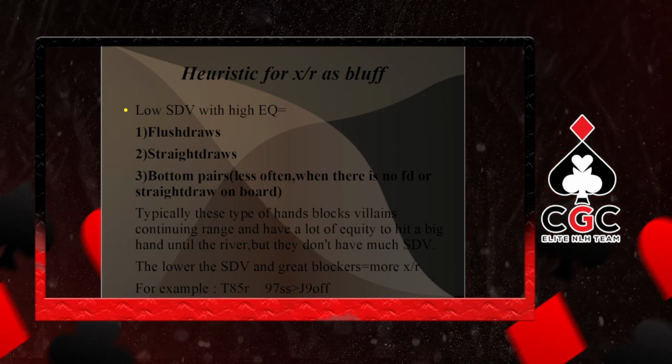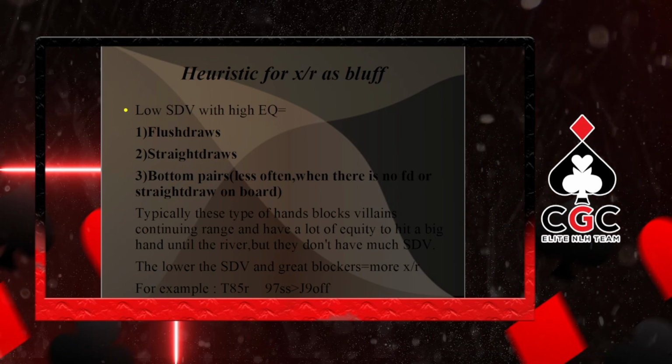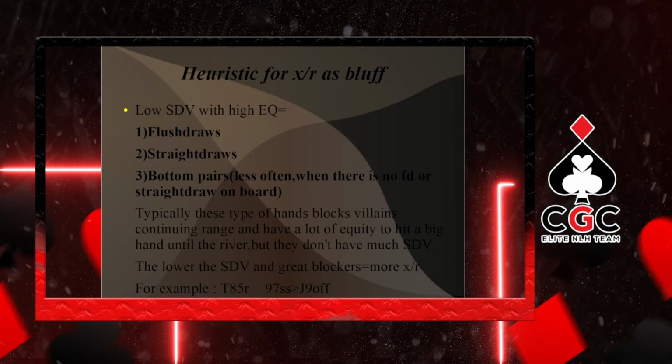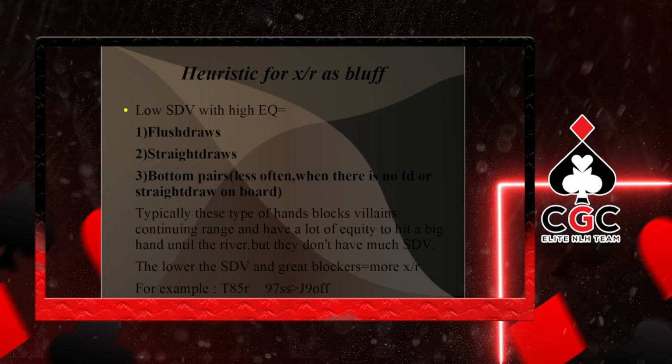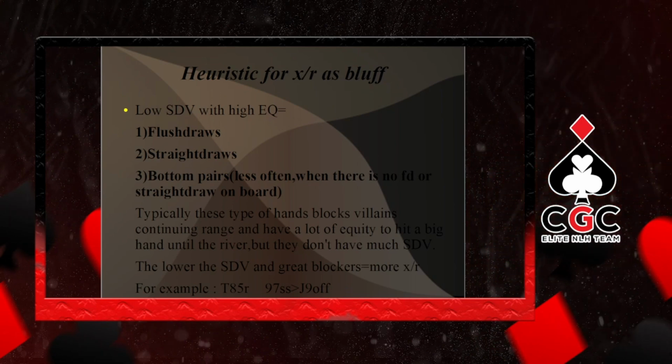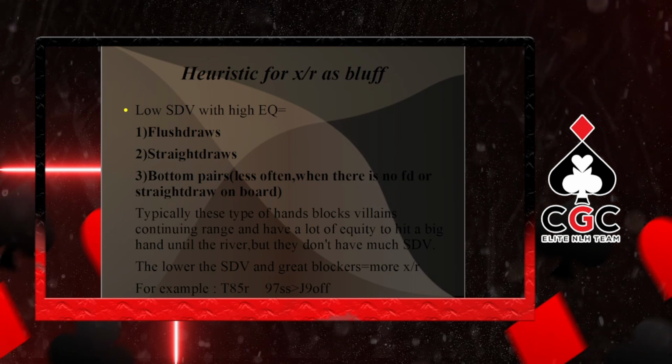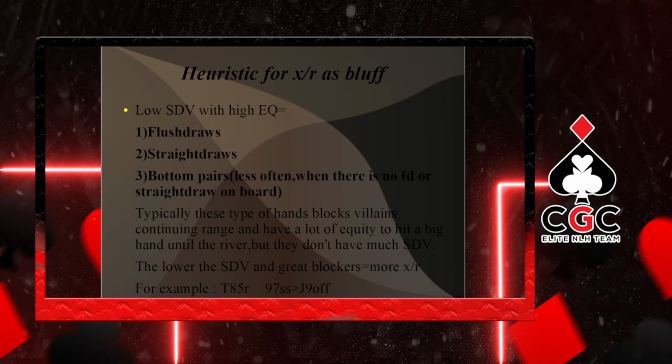This is the type of hands around the flush draw region, straight draw region, and thirdly the bottom pairs. This one is less often, and we want to use check raise as a semi bluff with bottom pairs when there is no flush draw or straight draw on the board.